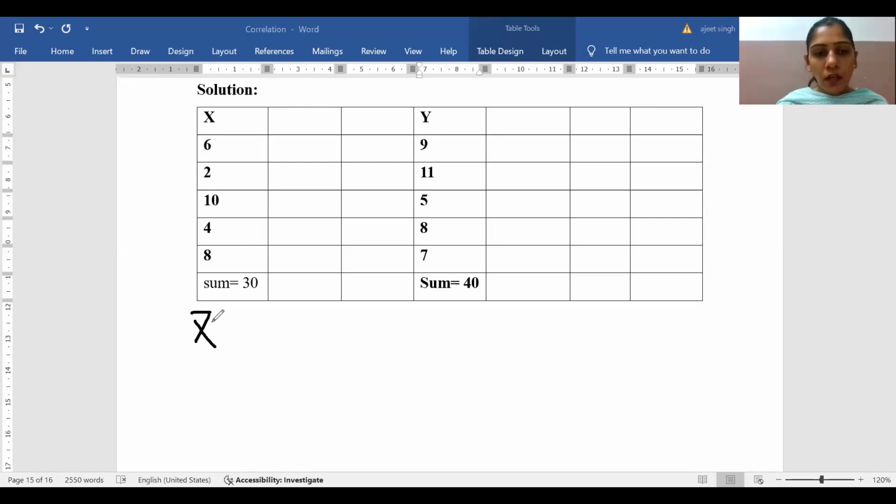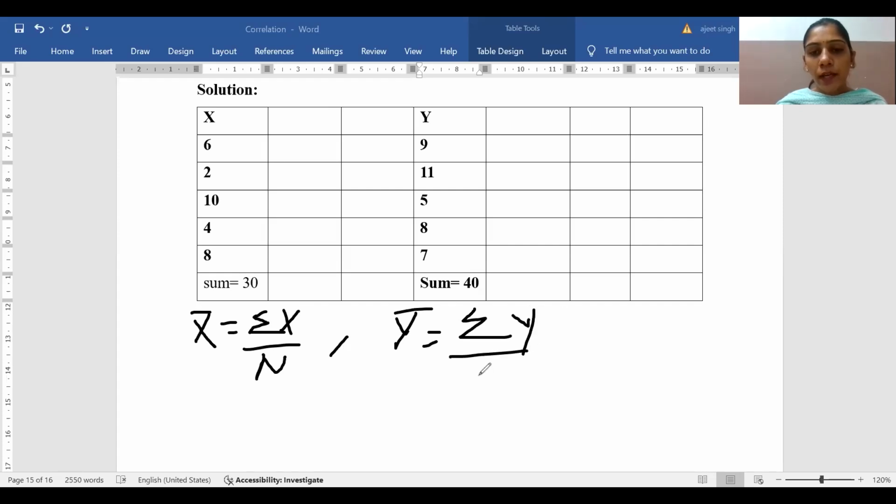The formula of x bar is sum of x divided by n, and similarly y bar is sum of y divided by n. First, x bar is equal to 30 divided by 5. So arithmetic mean for series x is 6.